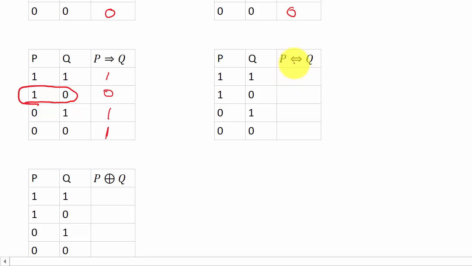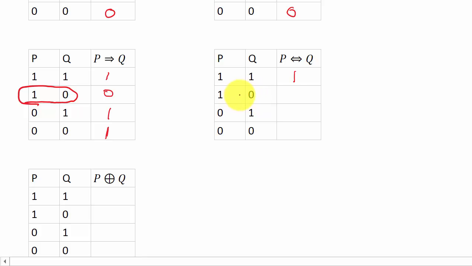Alright, now let's look at this. P is equivalent to Q. Now remember, this one said that this statement is true if they have the same truth value. So let's look at this. Here we have P is true, Q is true. They have the same truth value, so that makes it true. Here P is true, Q is false.